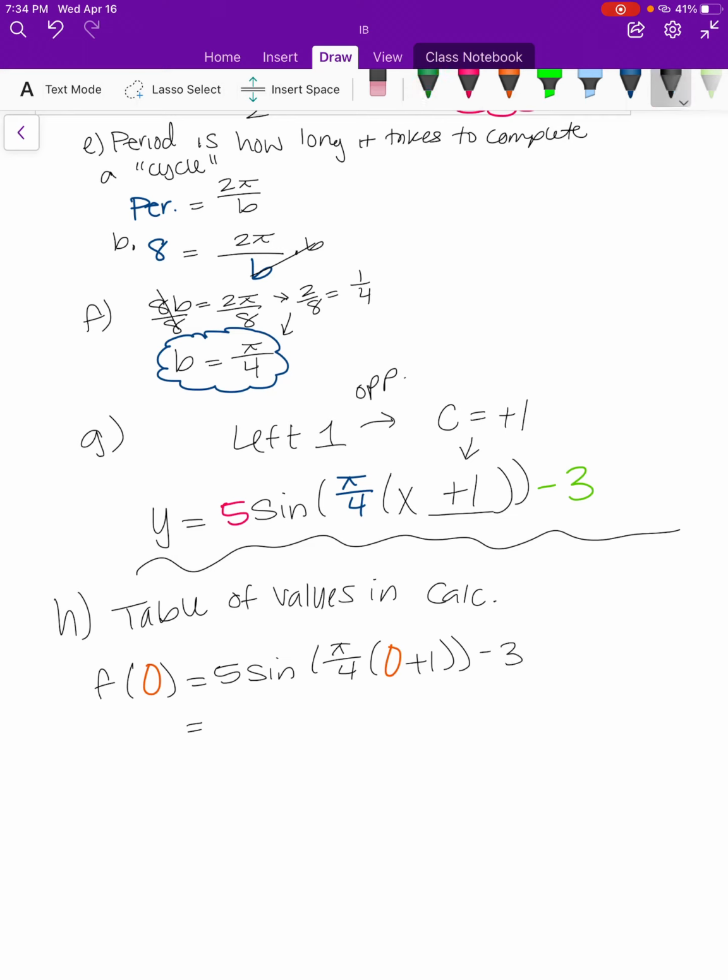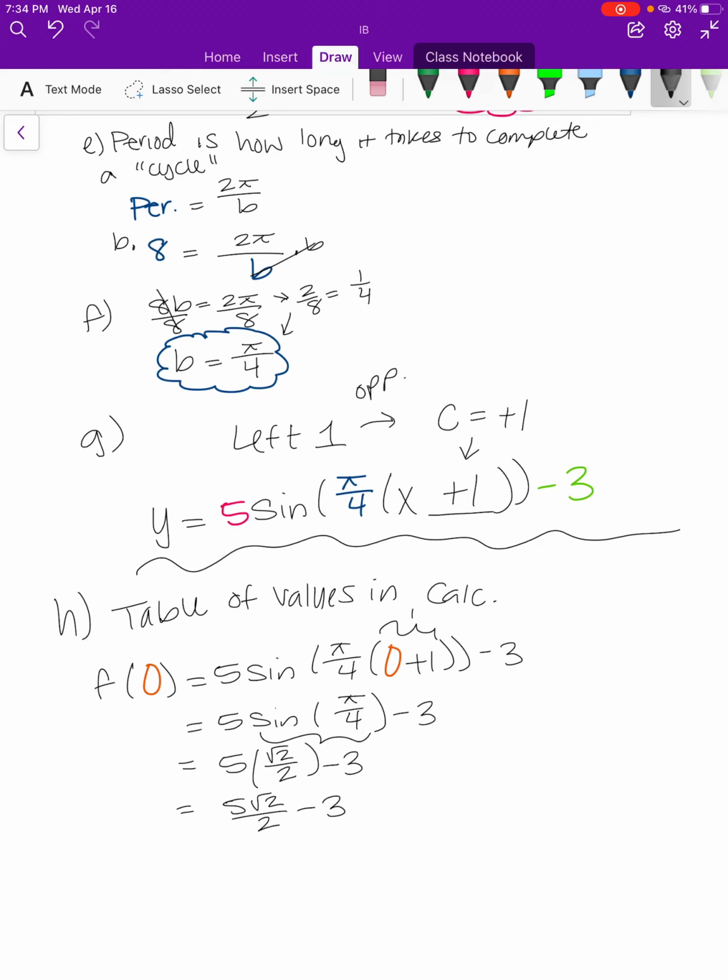So then you would say, okay, well, 5 sine of pi/4 minus 3, because 0 plus 1 is 1, and 1 times pi/4 is just pi/4. Sine of pi/4 is square root 2/2, which you don't have to have memorized. You would just put this all in once in your calculator. So this is 5 square root 2/2 minus 3, and then you put that into your calculator. And you would go from there.